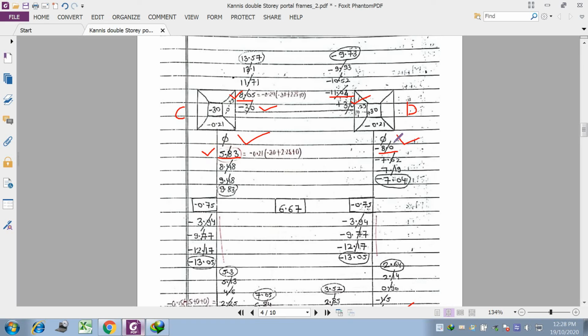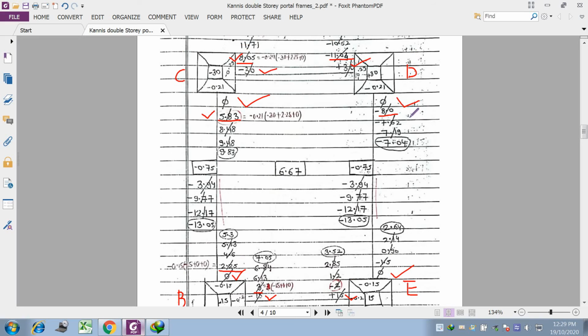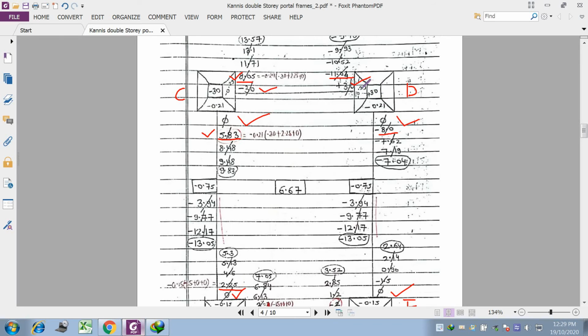Here minus 0.25 will be outside the bracket, inside the bracket 30 will be there, and then 8.05 you have to consider, because this value is already obtained in the previous part. Then here the E value will be 0. If you multiply it, you will get the answer as minus 8. Here again, replace this with minus 0.29, you will get the answer as minus 11.04.